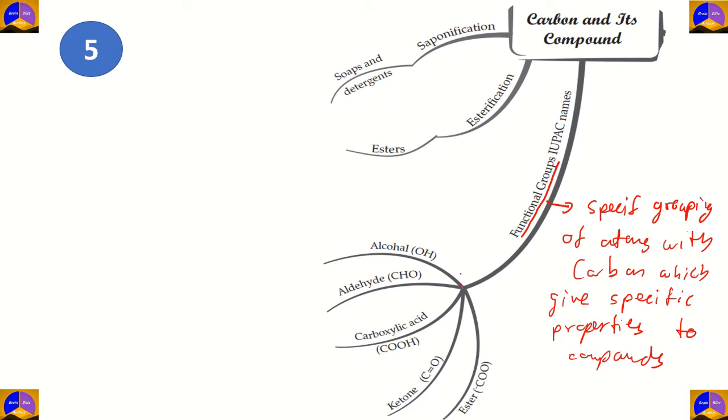Now there are many different kinds of functional groups. You have haloalkanes, halo compounds. In halo compounds you will have a halogen as the functional group, and an example for that is chloromethane, CH3Cl. Next you have alcohols.